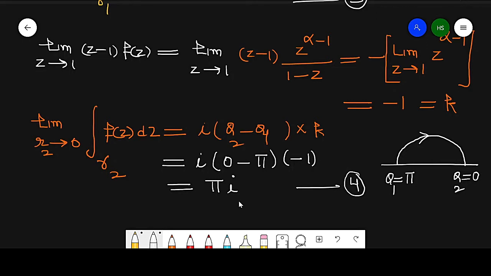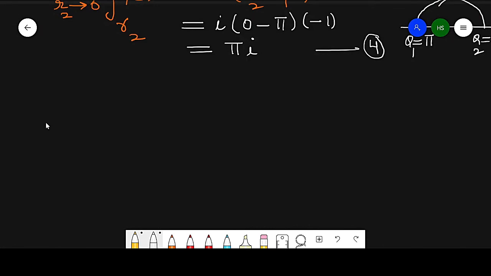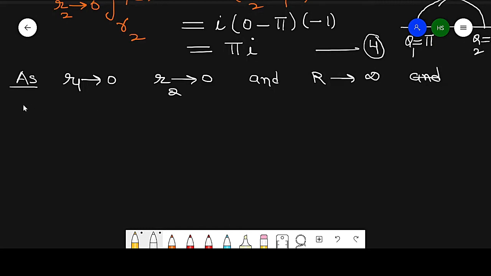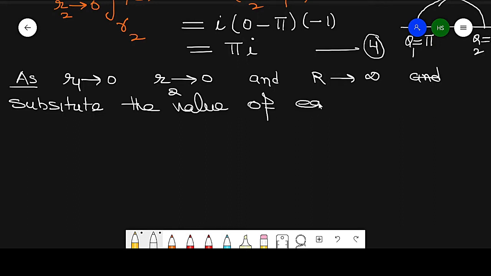Now as we take r1 approaches 0, r2 approaches 0, and capital R approaches infinity, substitute the values of equations 2, 3 and 4 in equation number 1.